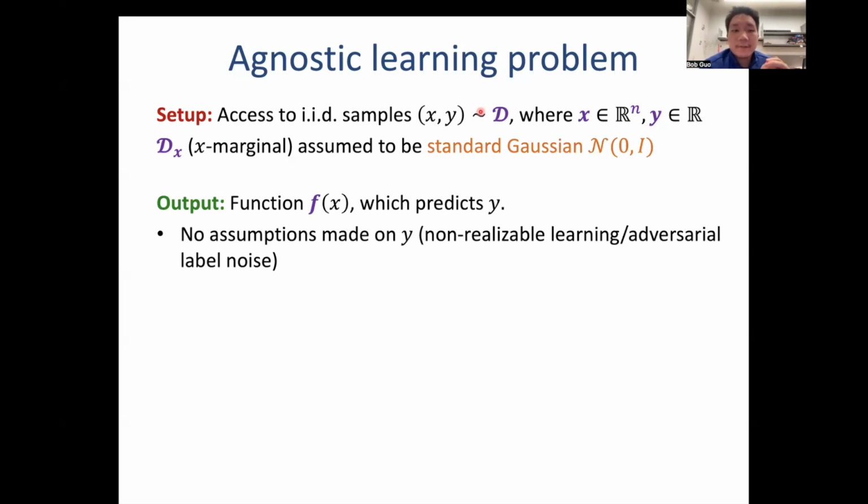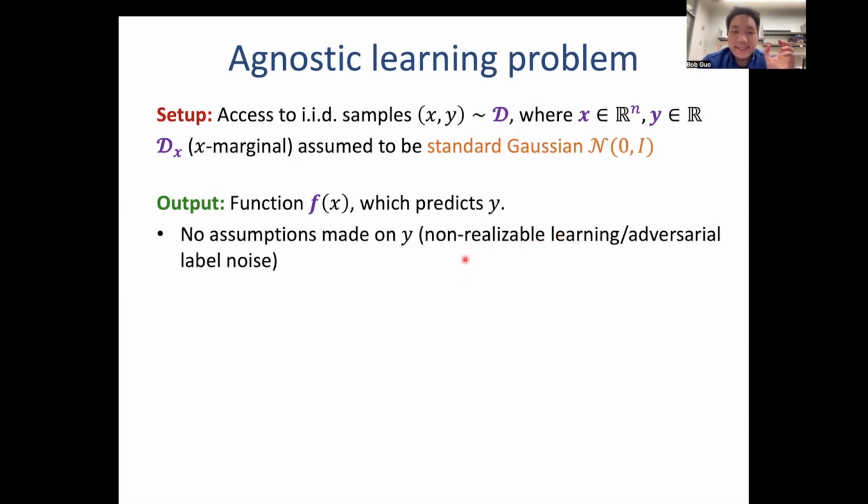What makes this problem different is that we make no assumptions on y, namely x and y could just be independent for all we know. This is also called the non-realizable setting of learning, and also called adversarial label noise. For those who are interested in why they're called these names, non-realizable stands for the fact that it is not realizable.